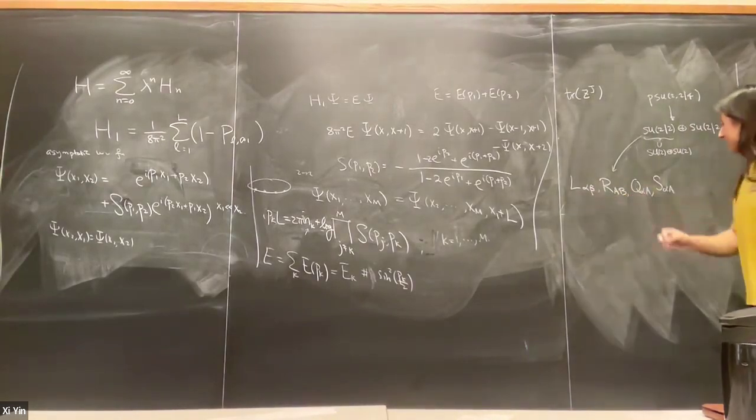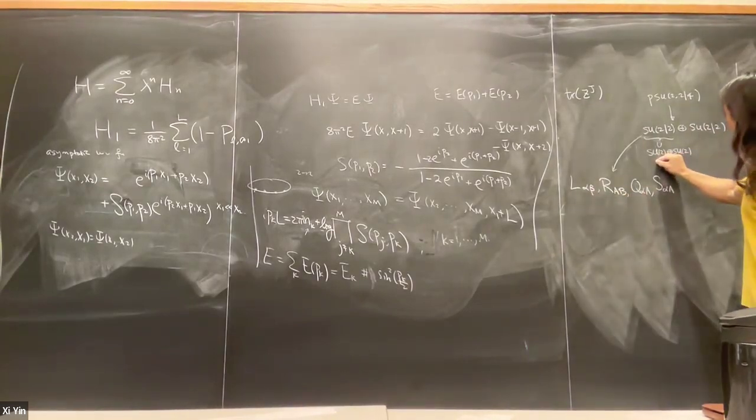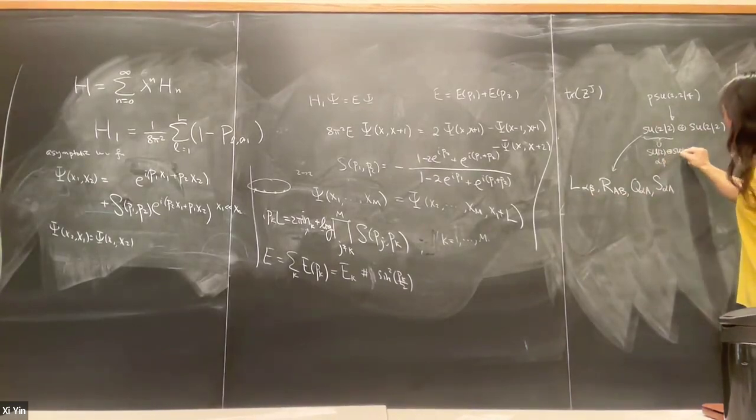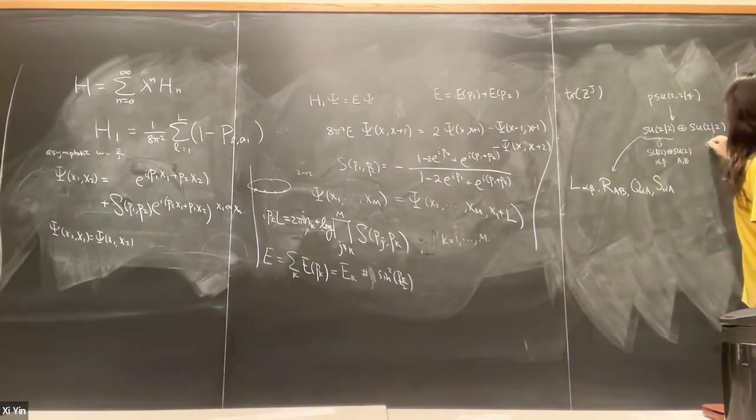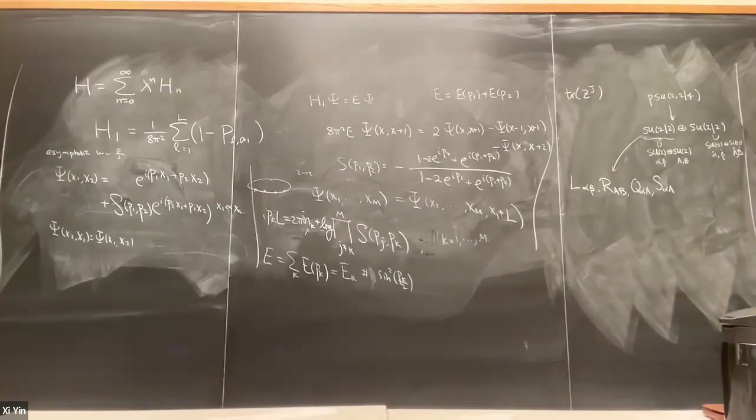All of these are double indices of SU(2). So for the first SU(2), the indices are α β. For the second, I use capital A and B. And this one will contain some SU(2) plus SU(2), and I'll use the dotted indices, α dot, β dot, and similarly A dot and B dot. Okay, so that's going to be the convention.